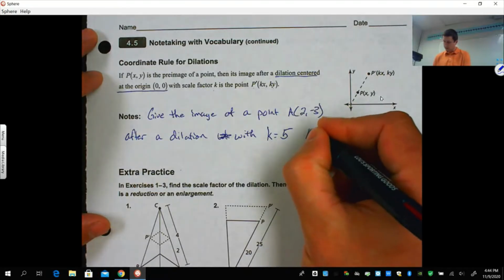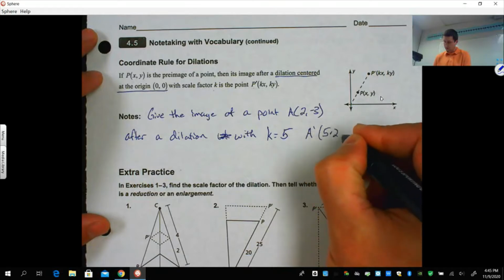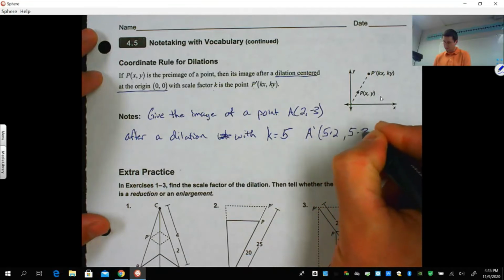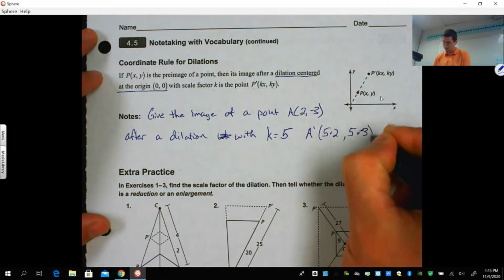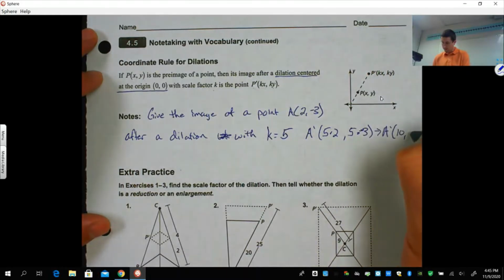So then we'd say, okay, A prime is going to be 5 times 2 and 5 times -3. So just take the 5 times both of those. That makes A prime at (10, -15).